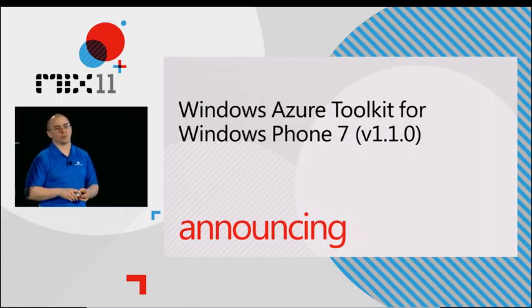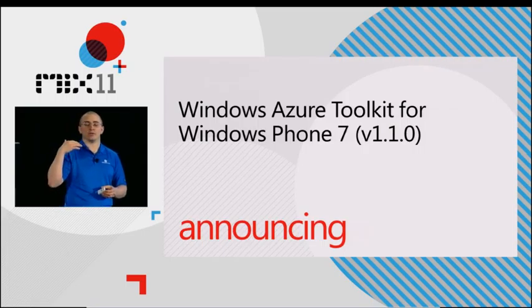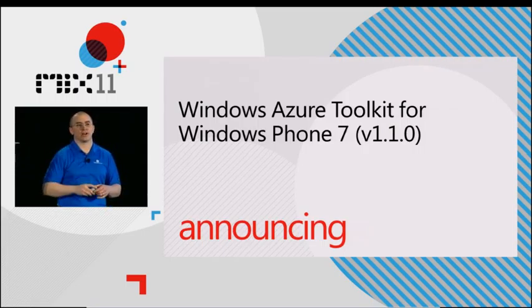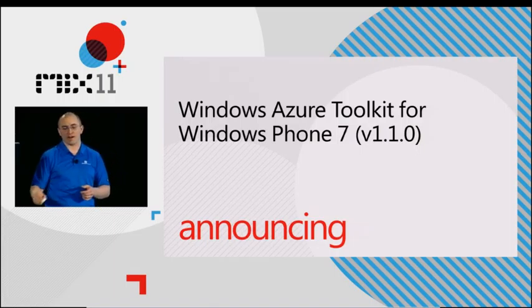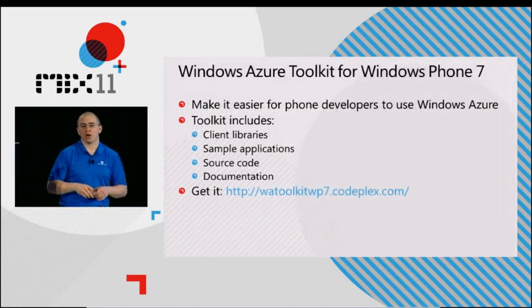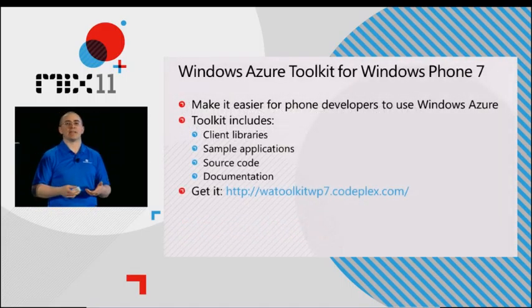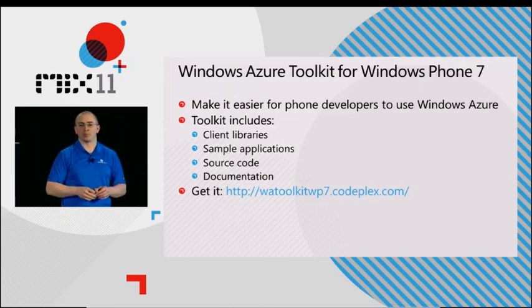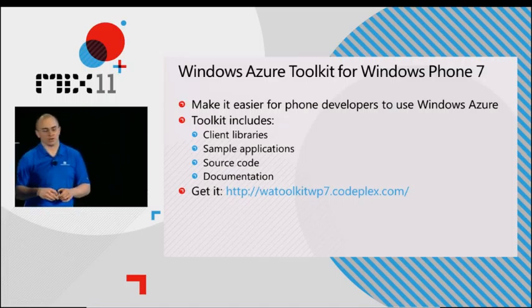What we've done this time is provide out-of-the-box support for a notification service running in Windows Azure as well. Everything you saw me demonstrate in the BabbleCam application, I used the base set of services provided by this toolkit. The ultimate purpose of this toolkit is really just to make it easier for a Windows Phone 7 developer who knows developing for Windows Phone 7 well to use Windows Azure, and to make some of the learning challenges a little bit easier when leveraging Windows Azure.